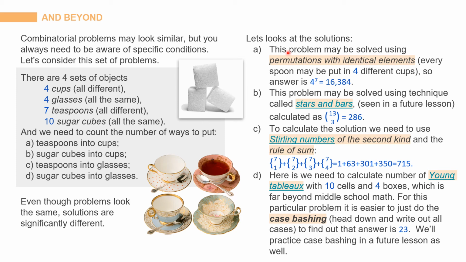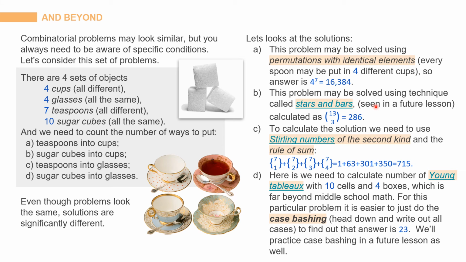For counting the number of ways teaspoons can be put into cups, this may be solved using permutations with identical elements. Every spoon may be put into 4 different cups, so the answer is 4 to the 7th power. B, to put the identical sugar cubes into the different cups. This is an example of the classic ball and urn, sometimes called the stars and bars.